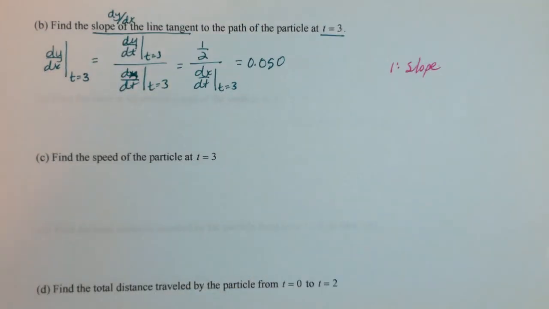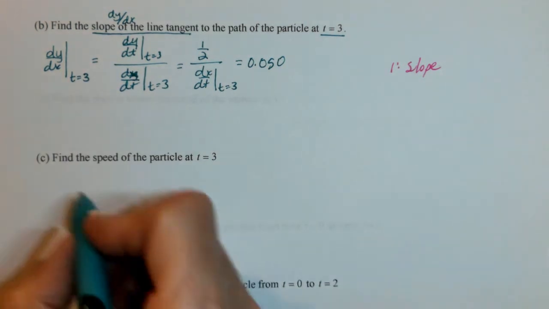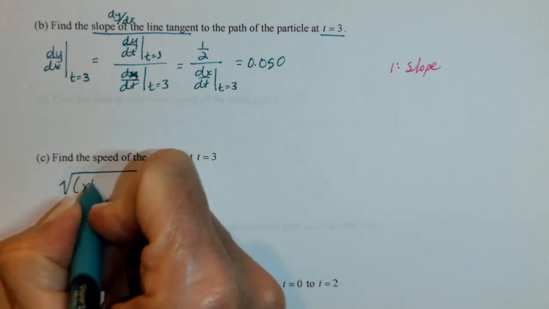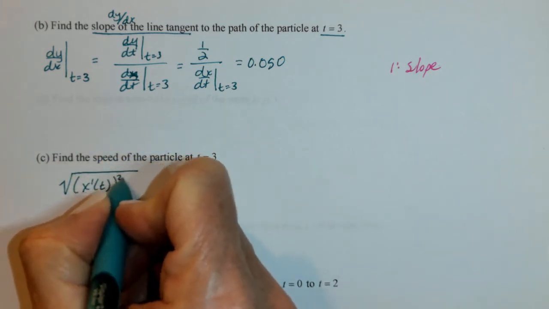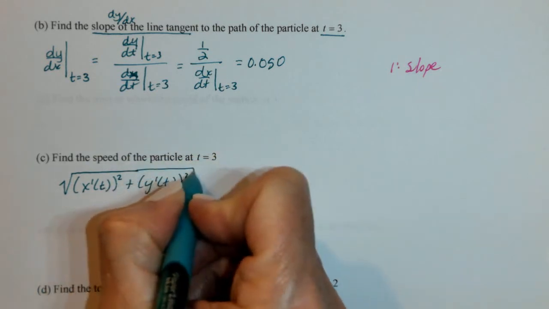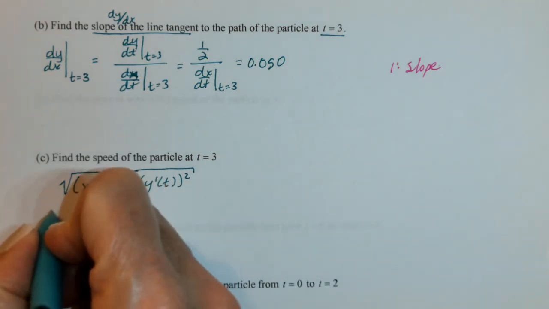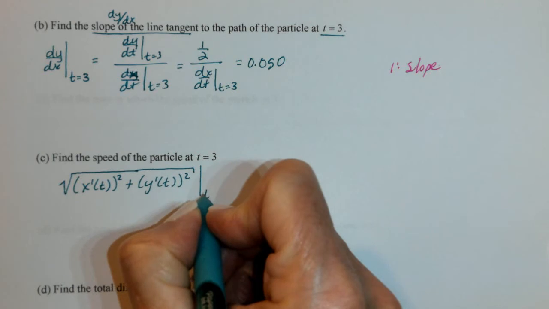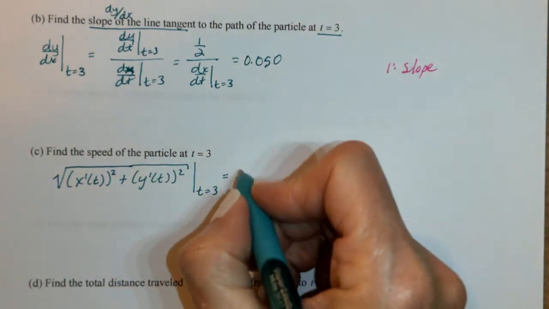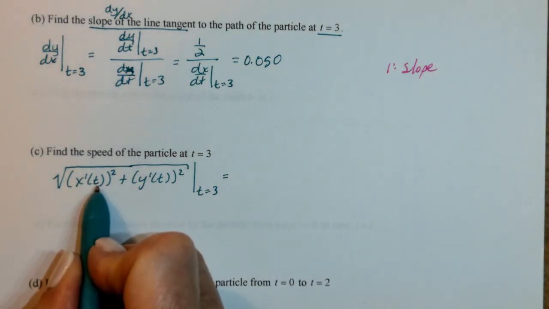Part C, find the speed of the particle at time 3. Another formula for us. Speed is just the square root of x prime squared plus y prime squared. That's what speed is. So speed at time 3 will be, well, x prime at time 3 we can find out.